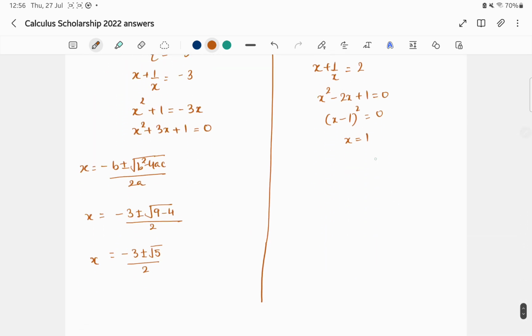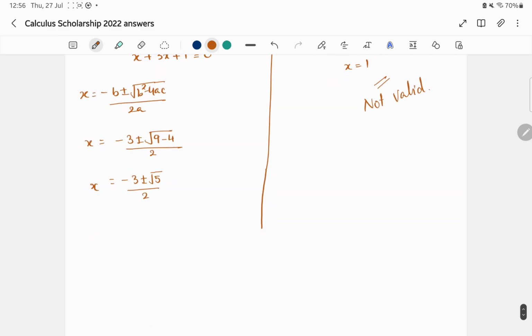So this value we cannot use, not valid. Cool. In this case, let us suppose x1 is minus 3 plus root 5 over 2, and x2 is equal to minus 3 minus root 5 over 2.